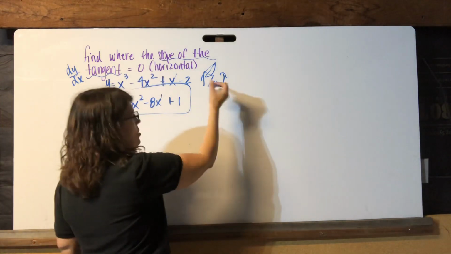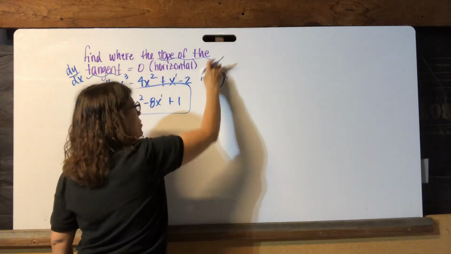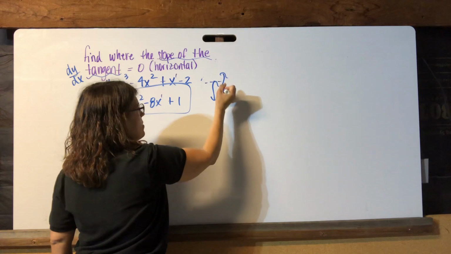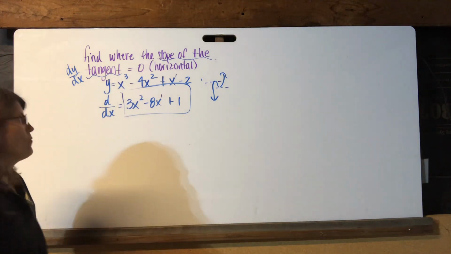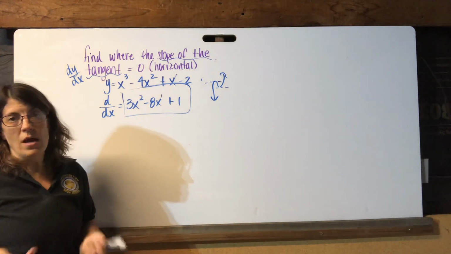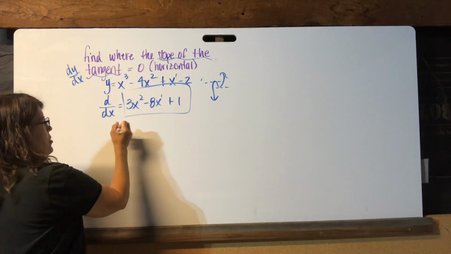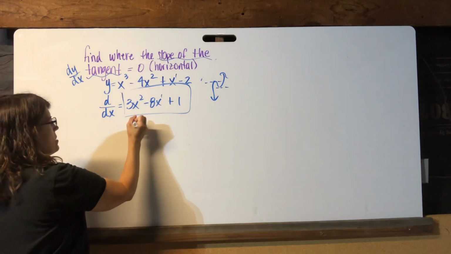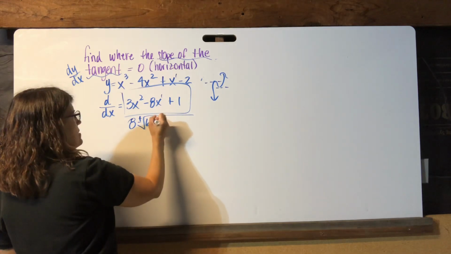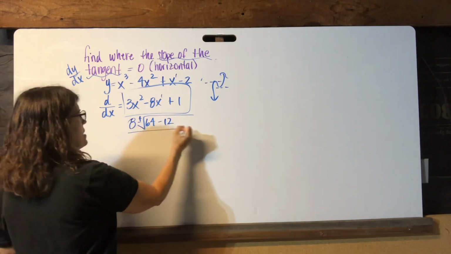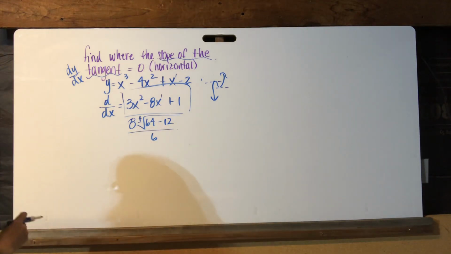So if I've drawn it even halfway correct, there's a horizontal tangent there and there. Okay, how do I solve this? Well, it's degree 2, so the quadratic formula. The slope is going to be 0 at the opposite of b plus or minus the square root of b squared minus 4ac, all over 2a. Okay, you can do this without me.